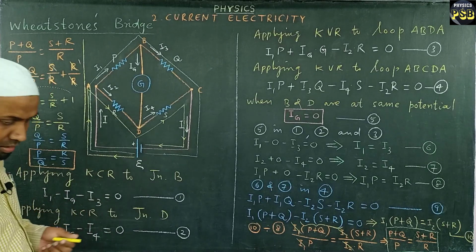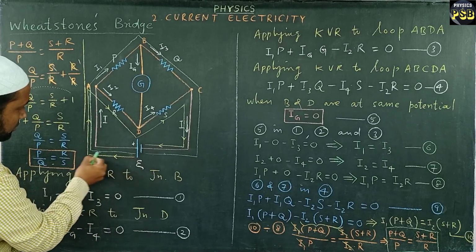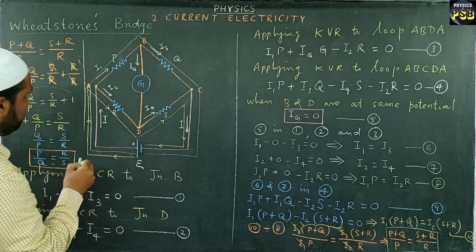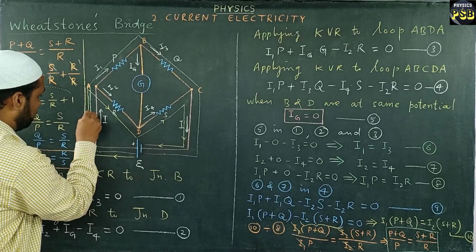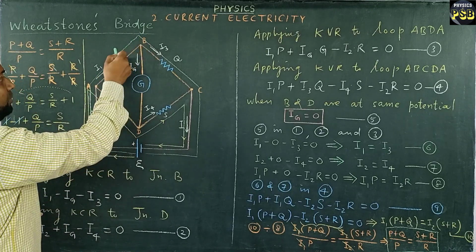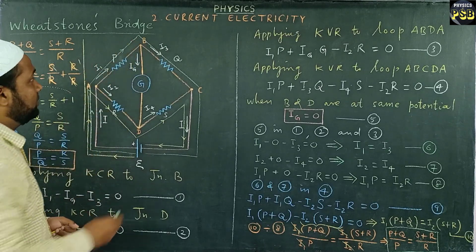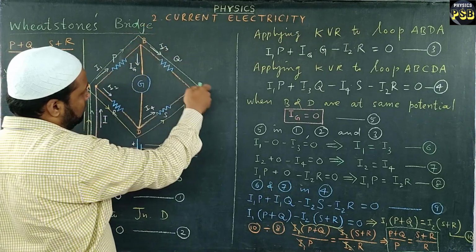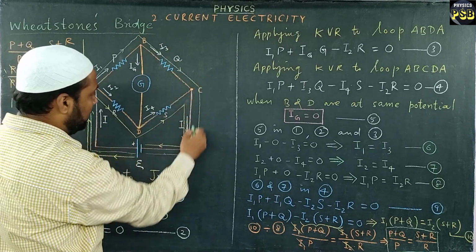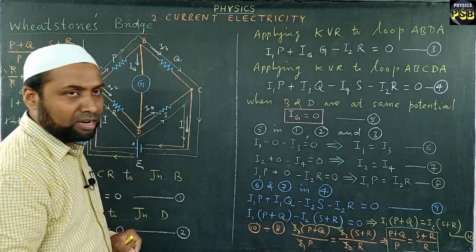Whereas in case of this line, if you start from here, after reaching A, this is the direction of current. It moves towards B through P. So the direction of current is represented in this manner. Then from B to C, this is the direction of current. Then from C to the negative terminal, current takes this path.